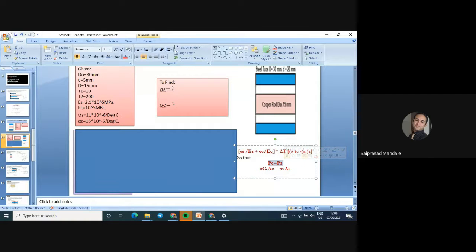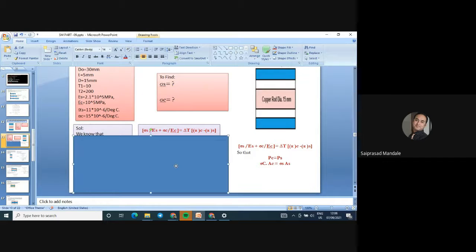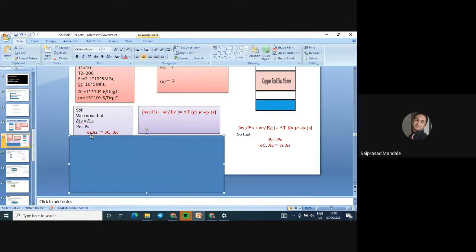That is, sigma C into AC equals sigma S into AS. So I'm going to calculate the area of copper and the area of steel, and from those areas I will calculate the relationship between sigma C and sigma S. So let us start.